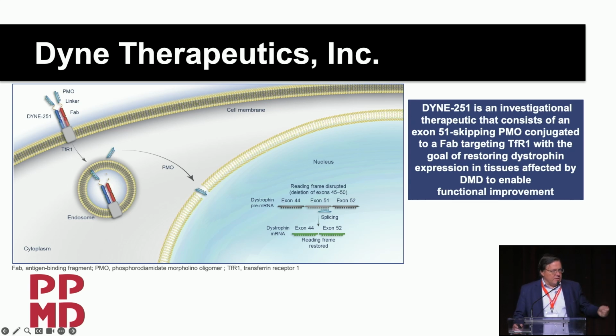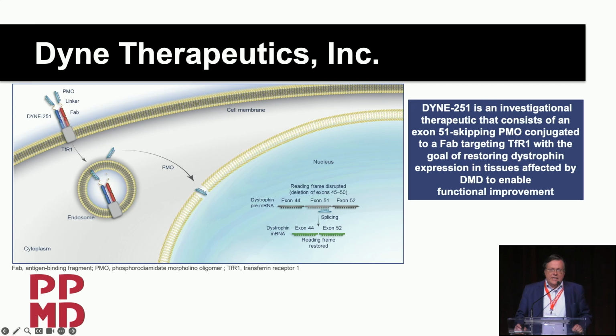Cell-penetrating peptides, I mentioned, were an effort to pierce the membrane to get across it. This is a different approach, where there's a receptor abundant on all of our cells called the transferrin 1 receptor that brings iron into cells. It's highly enriched in skeletal muscle and in heart.